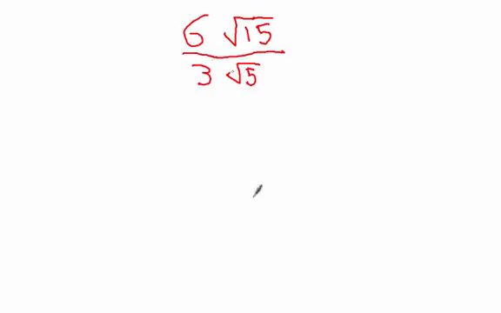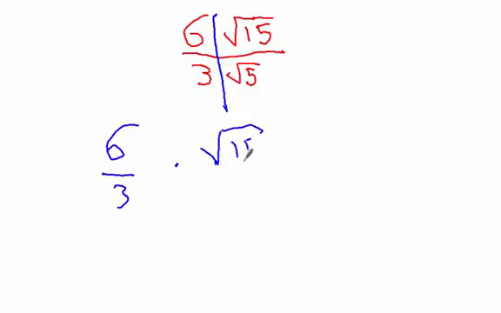Now we've added some coefficients in. 6 times the square root of 15 divided by 3 times the square root of 5. Well, if we remember back to when we were dividing exponents, we should know that we could cut this in half. So that I get 6 divided by 3 over here times the square root of 15 divided by the square root of 5 over here.